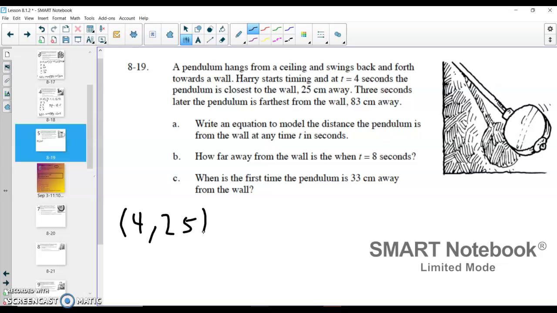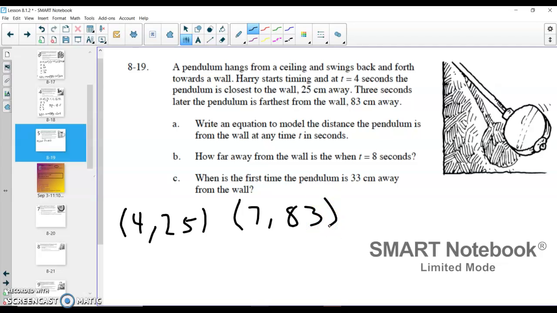Then it says 3 seconds later, the pendulum is further from the wall at 83 centimeters away. That's 7 seconds, and then I am 83 away.